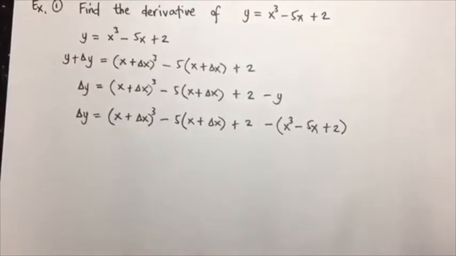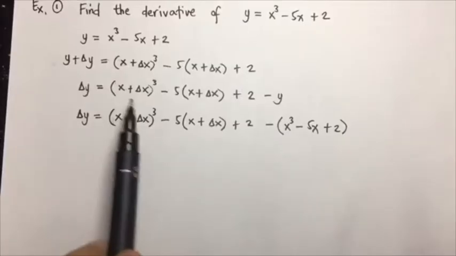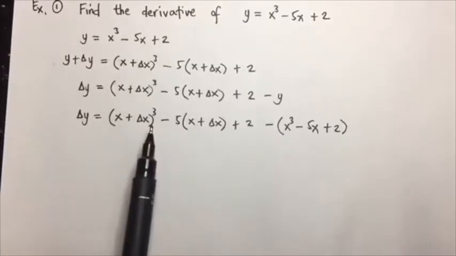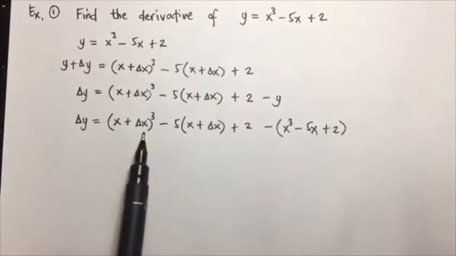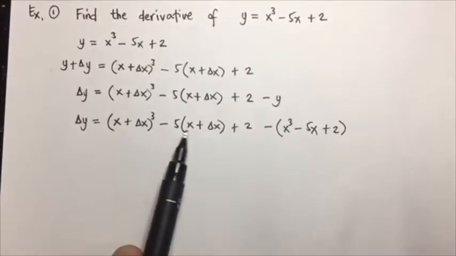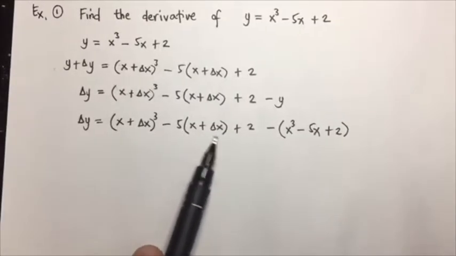The next thing we should do is to simplify. We can simplify the right hand side of the equation by expanding this one and then distributing 5 in x plus delta x.